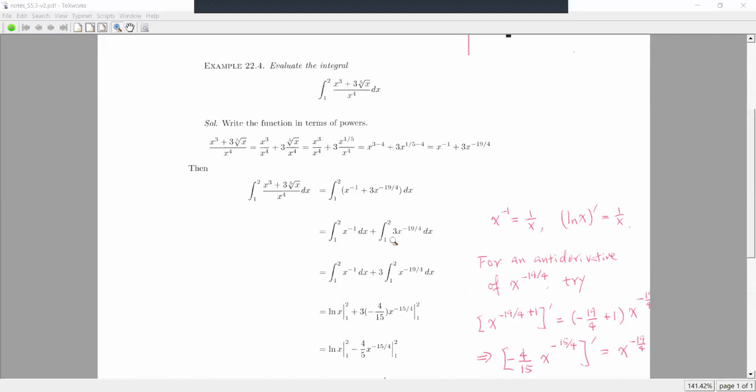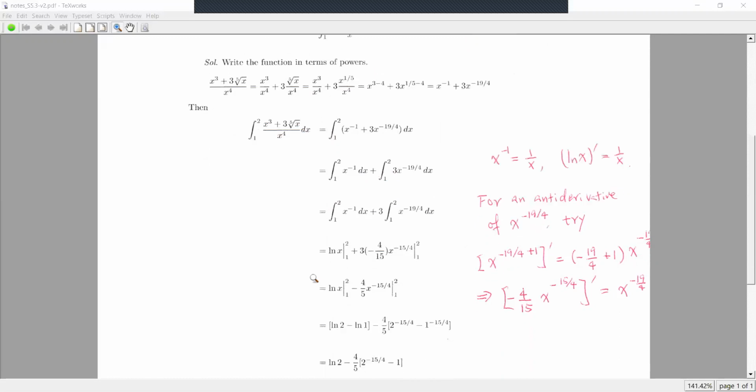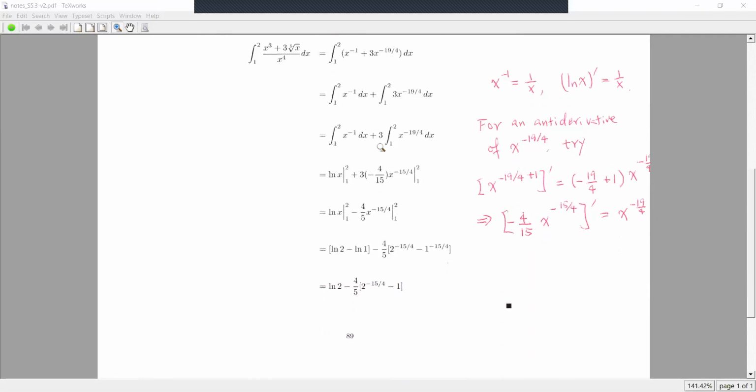Now the constant number 3, I can move it outside the integral to get this equation. For these two integrals, now it's easy to find antiderivatives for them.